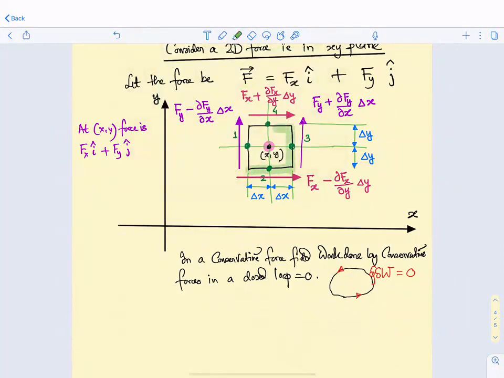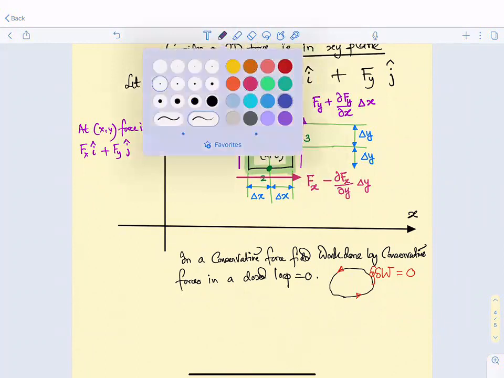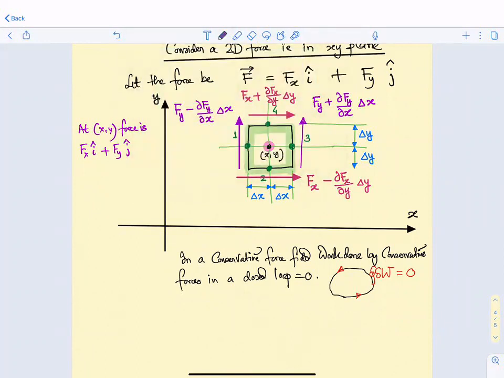So along this rectangle, the line integral of this force is 0. That means the work done in the closed path along this rectangle is equal to 0 because the force is conservative.